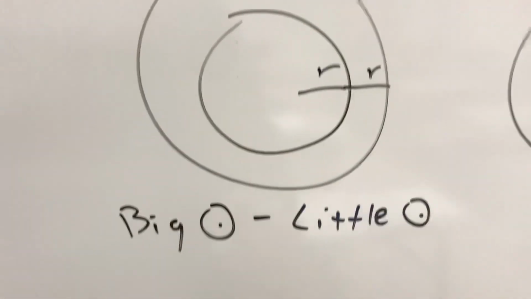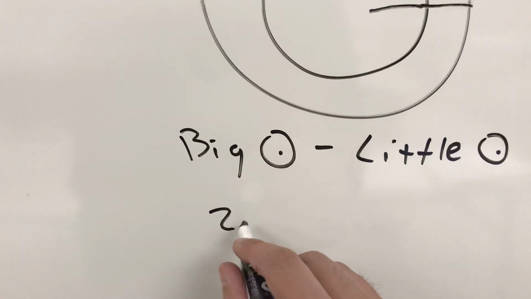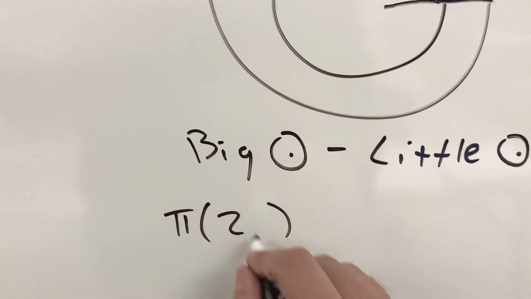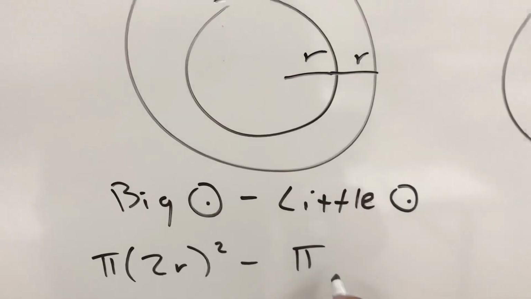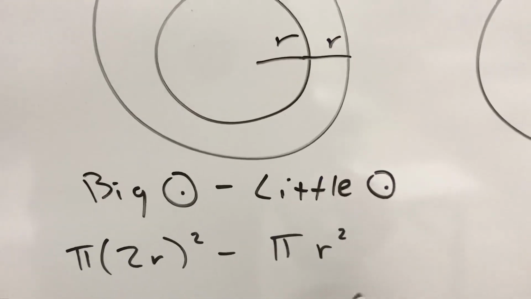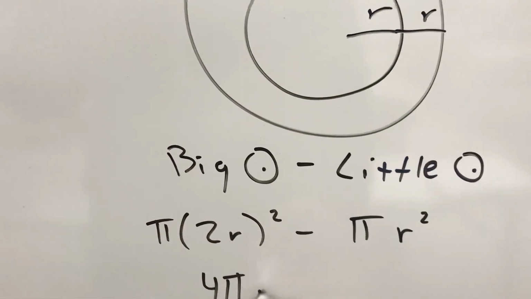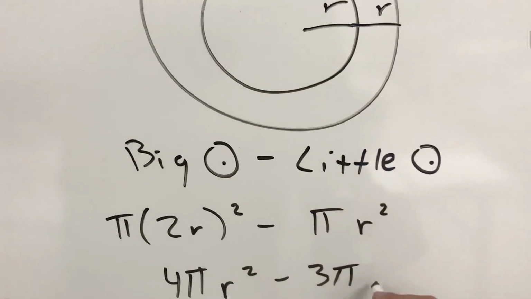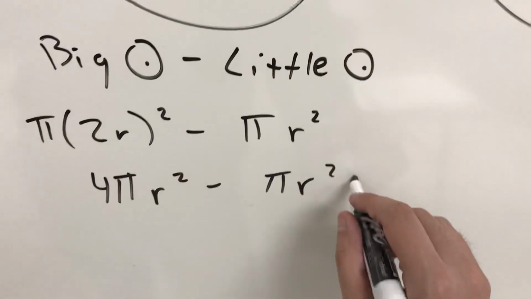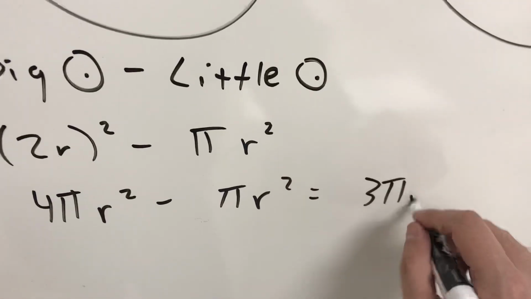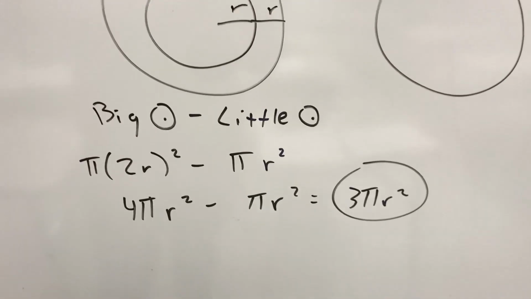The big area would be pi times the radius squared, and then we take pi times the radius squared, with radius just r for the little circle. So that's going to be 4 pi r squared minus, sorry, just minus pi r squared. Getting ahead of myself there. And that's equal to 3 pi r squared. So the area of one of those cross sections in terms of r is just 3 pi r squared.